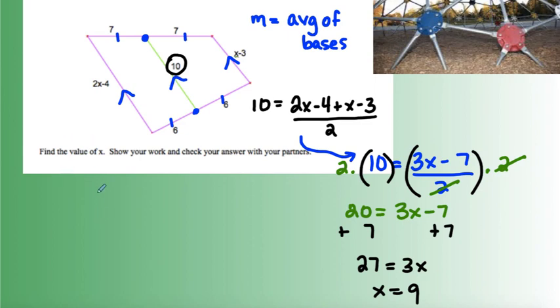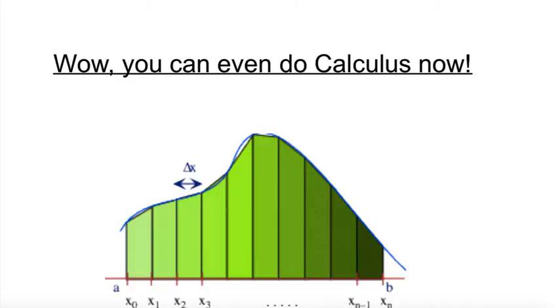All right, so that's how we can use this concept of a median or midsegment of a trapezoid to find missing lengths of a trapezoid. And what's really cool now, guys, you don't even know this, but you could even do calculus. This is actually a calculus question. This is a polynomial curve, and sometimes they'll ask you to find the area under the curve.